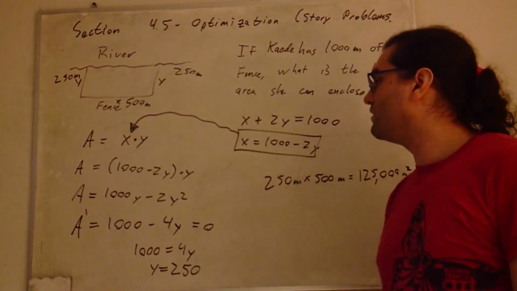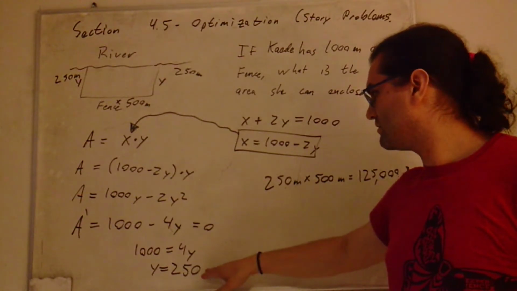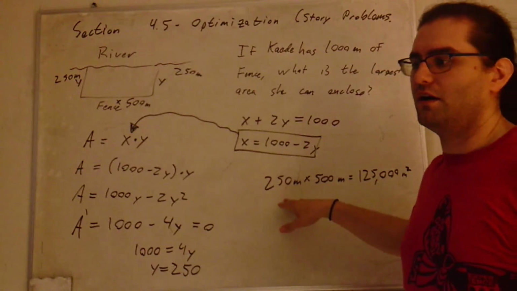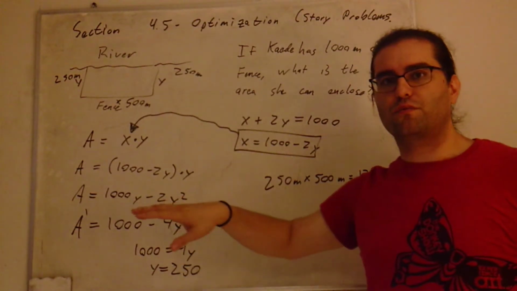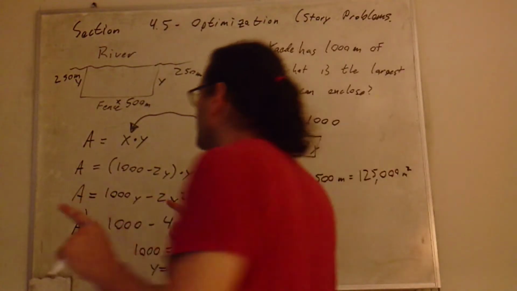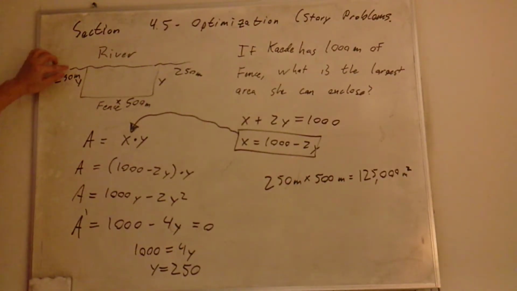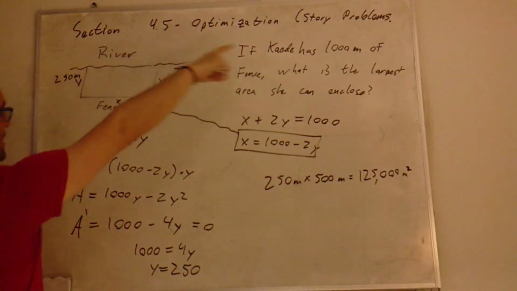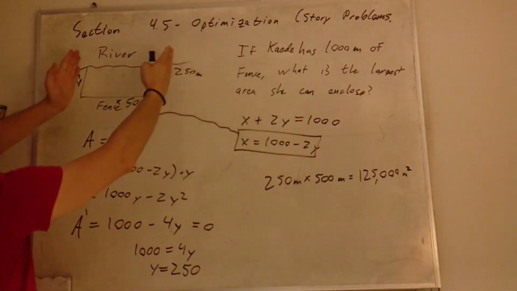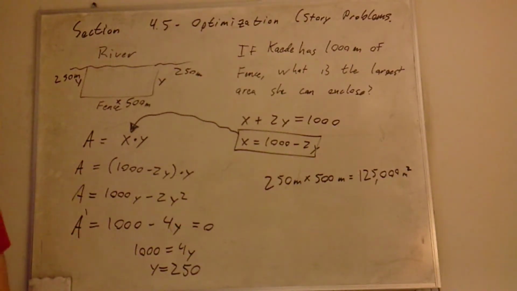So this function only has one critical point. We've sort of decided that it is the maximum. The reason it's not giving you other critical points is because the minimums for this situation would be 0 on the y and 1,000 on the x, which does not give you any area at all, or 0 on the x and 500 on each of the y's, and that also does not give you any area at all.